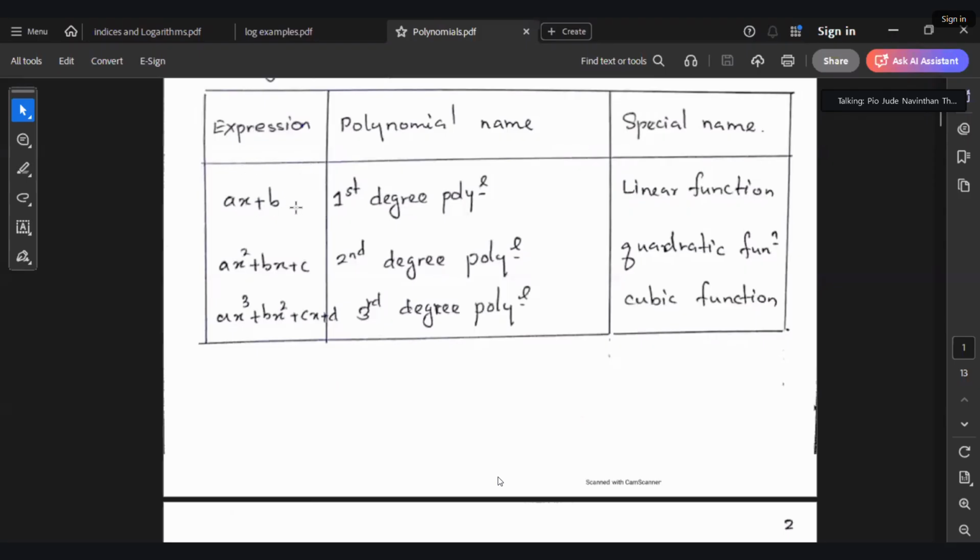This is a constant, and this one is with x. So this is the least, very simple polynomial, isn't it? At the same time, if there is no x component, just 5, that is also a polynomial, but we don't need to say that is a polynomial, right?